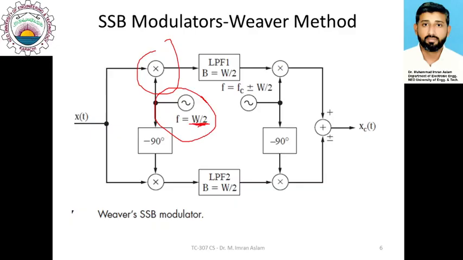That means it will be creating the shift which is equal to half of the message bandwidth, and then we will be applying the low pass filtering so that one of the sidebands is removed, and after that we apply a frequency shift related to the carrier frequency, so that at the end you get the overall message signal at the desired transmission frequency, desired carrier frequency.